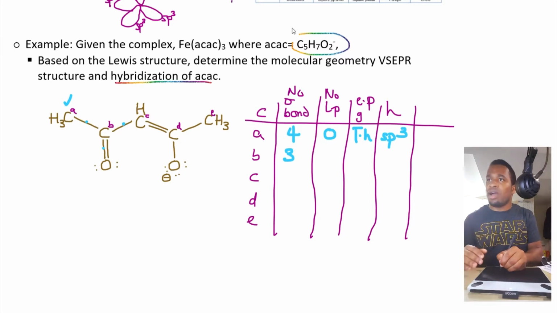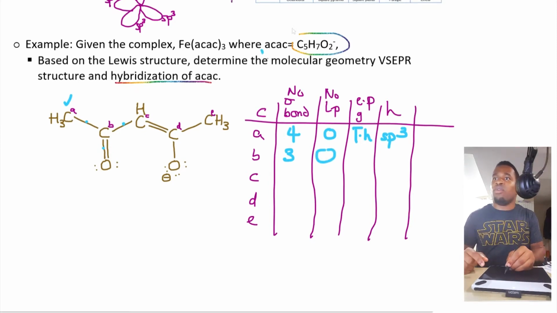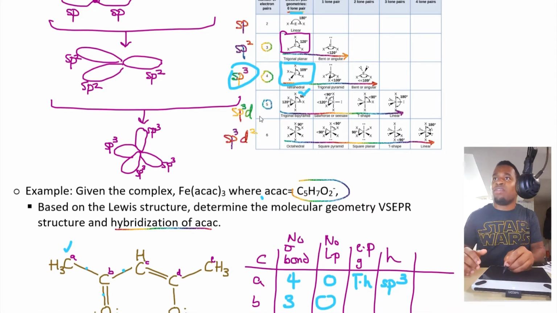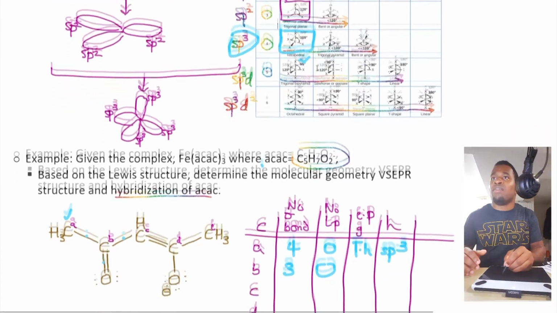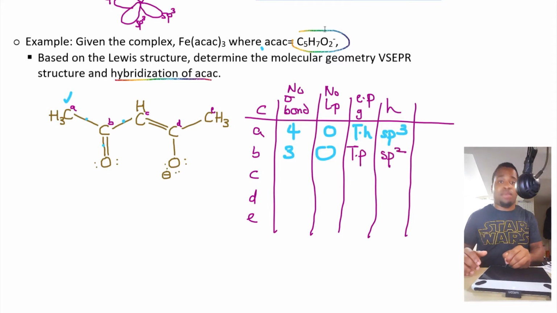So the carbon has 0 lone pairs. In this case, 3 bonds and 0 lone pairs means that, looking at this chart, we are right here. That means we have a trigonal planar geometry, because it has 3 bonds but 0 lone pairs, with sp2. So here we have trigonal planar, and this has an sp2 hybridized state.